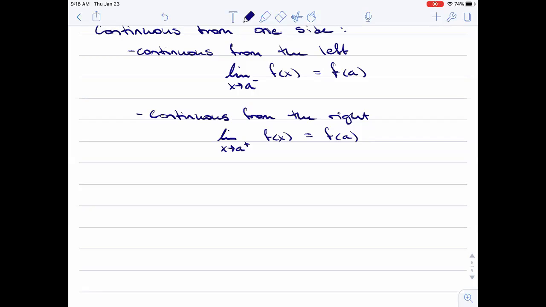Remember how we talked about the sine and cosine, the inverses and stuff like that, and how we restricted the domain that we were interested in? We could say that this function is not continuous forever, but it is continuous on this interval, and so that might be of interest as well.